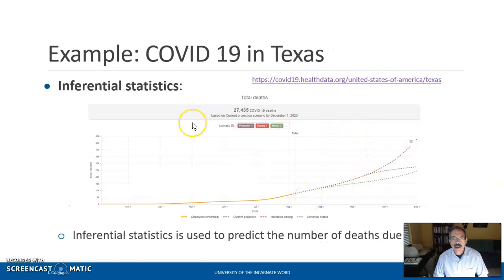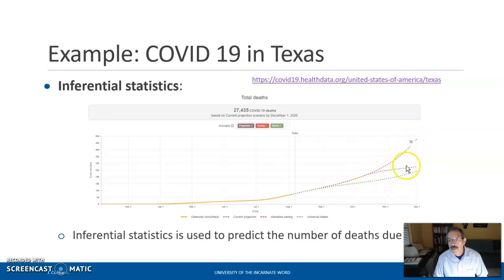This is another graph. I found it at this website, and this is the number of deaths in the state of Texas. And as you can see, the number of reported deaths up to today is here. So this is what has been observed. However, they are using models to project what the number of deaths would be if all the restrictions are eased.